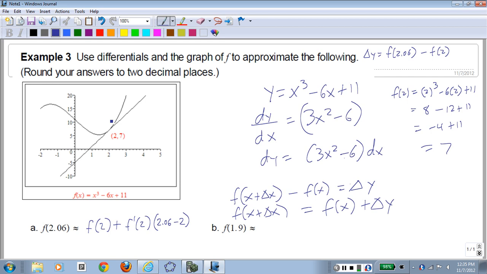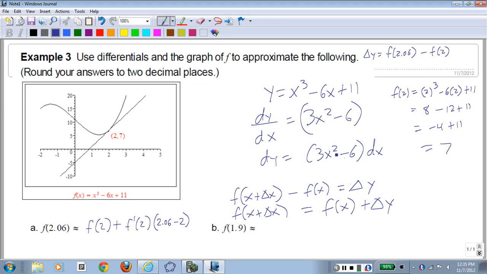If we knew the difference between f of 2, which is 7, and f of 2.06, which is a little bit more than 7, we could just add it, and we would have the value. But we don't know how much the function is going to increase between 2 and 2.06. So we consider the slope of the tangent line, the slope of the curve at 2.